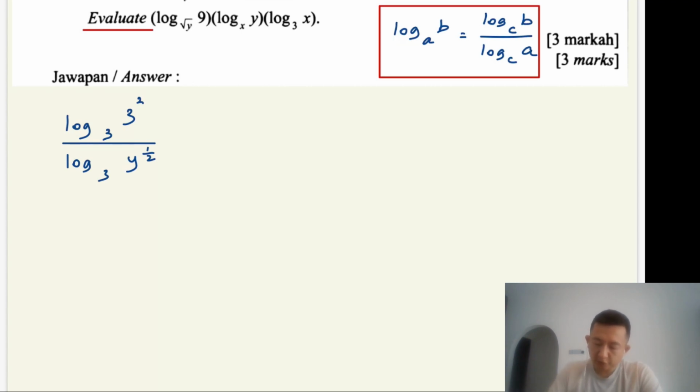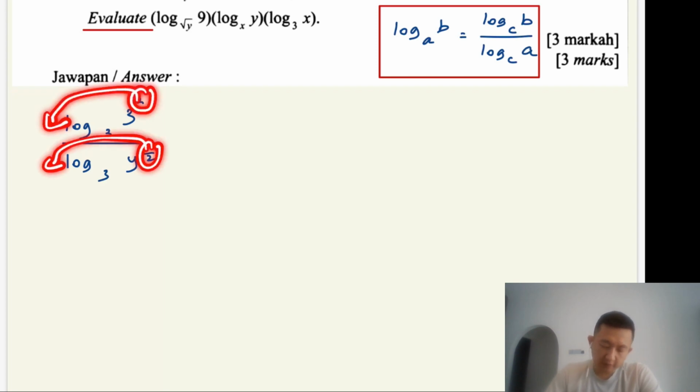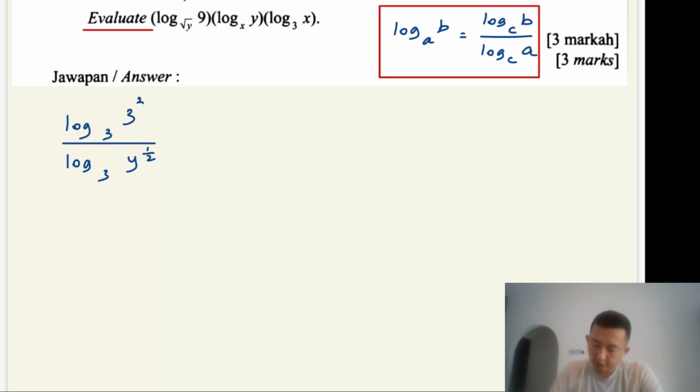If you still recall, we can always bring the power right in front of it. So I will have a 2 over here, 2 times log base 3, 1 over 2 brought in front, 1 over 2, and I have log 3 of y. That will be the first part.